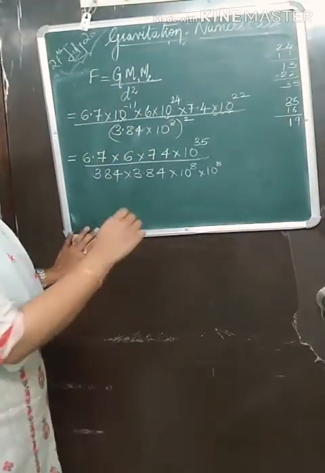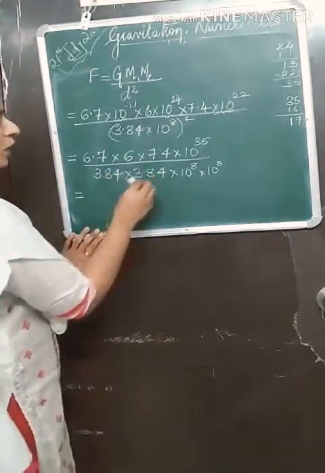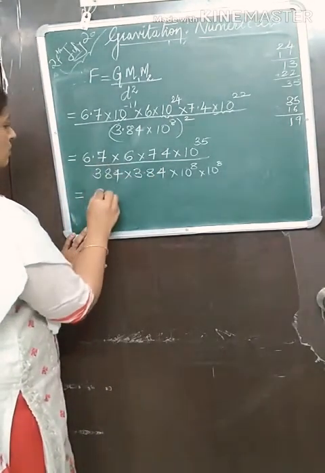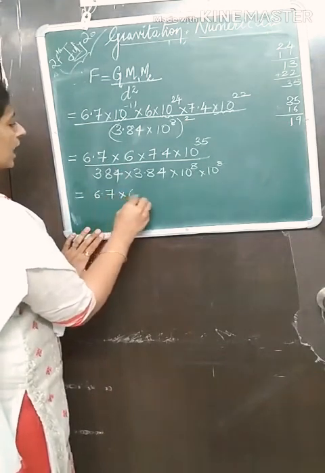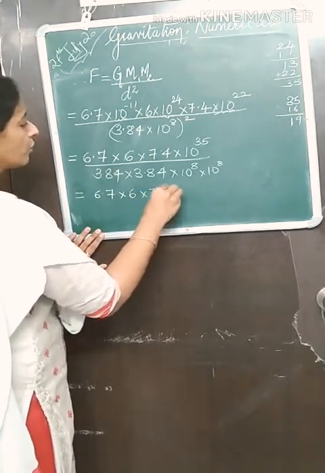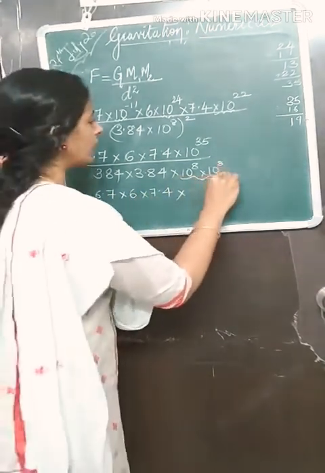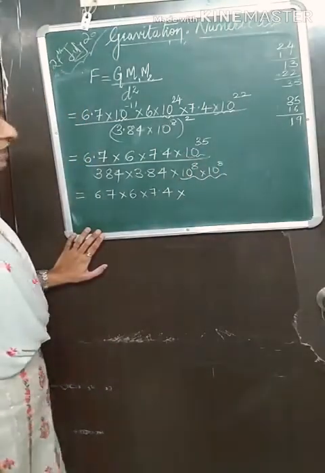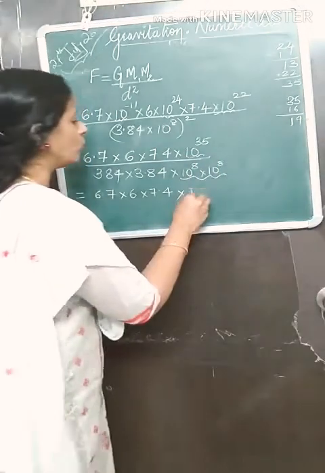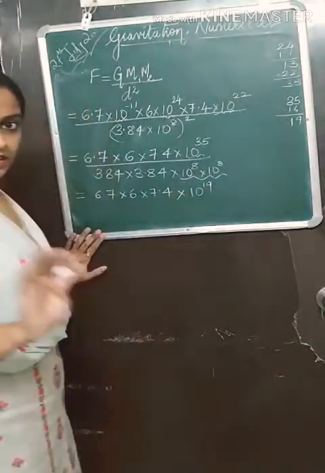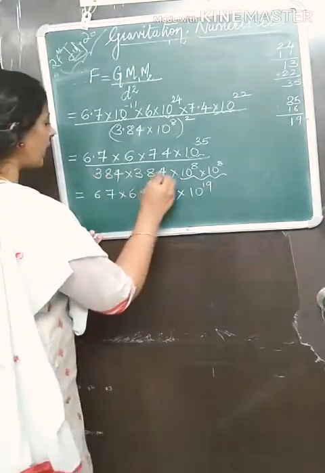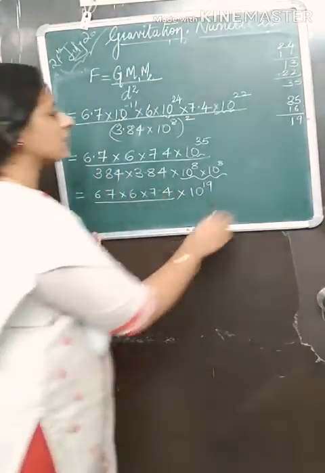Okay. 10 raised to 19. So how much am I getting? 6.7 into 6 into 7.4, when I solve all this, 35 minus 16, I am getting 10 raised to 19. Clear till here?